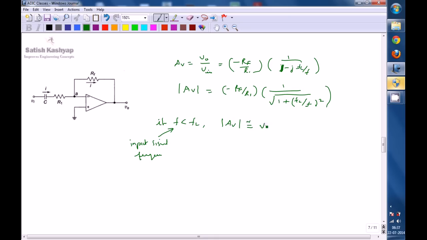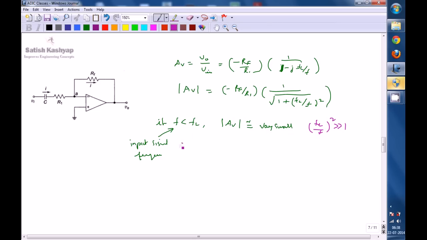Since fL by f whole square is very large compared to 1, the square and square root cancel, and you get f by fL, which is very small. When multiplied with the gain, what you get is very small. So we will assume it in this way.